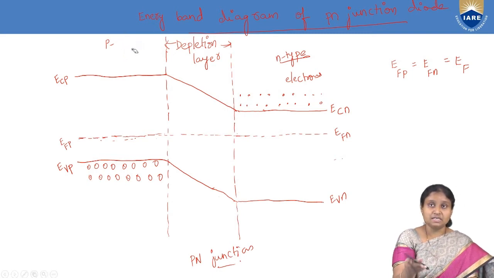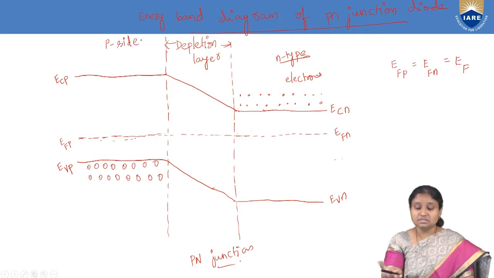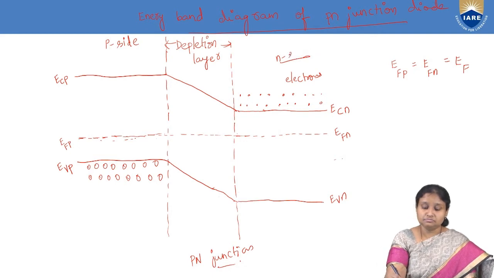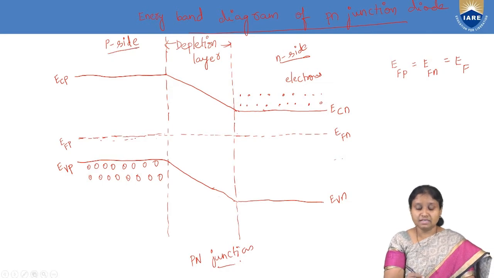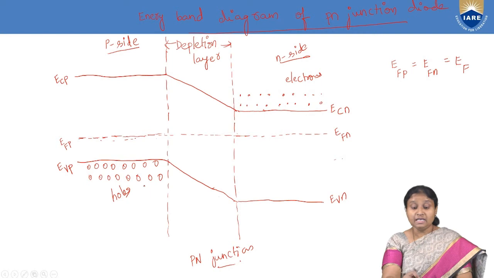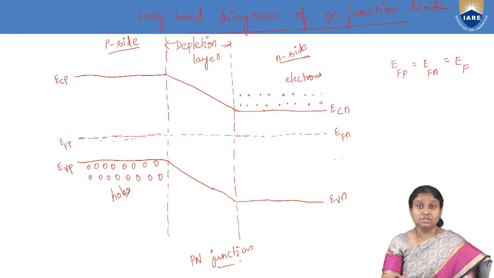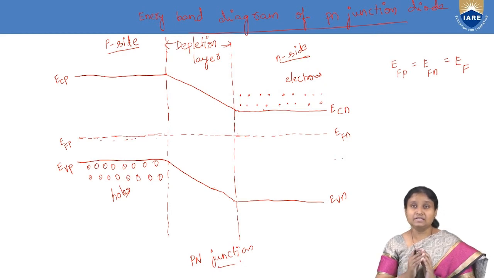So this is the p-side of the PN junction, and this is the n-side of the PN junction. These are the holes, majority charge carriers, and this is our depletion layer. In the depletion layer we don't have any charge carriers, and as you can see, this Fermi level is uniform throughout the semiconductor. So this is the energy band diagram of the PN junction.